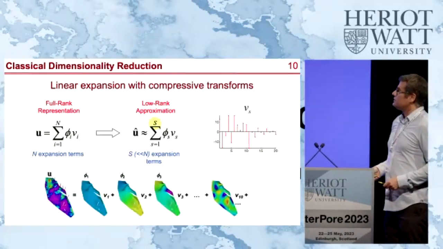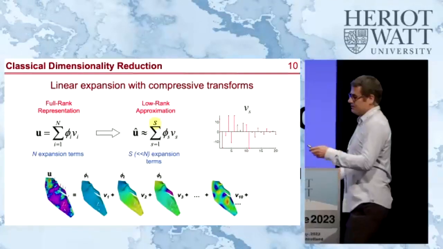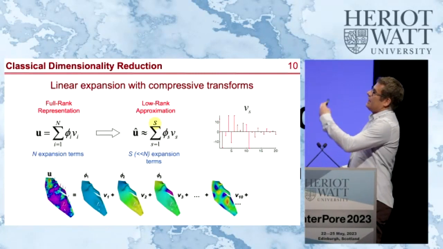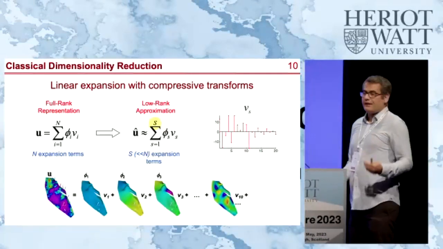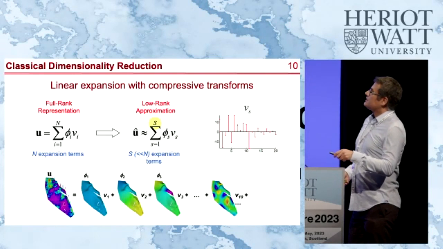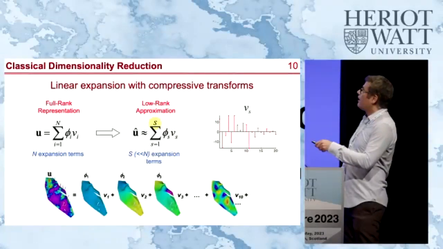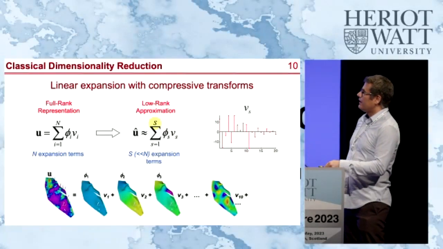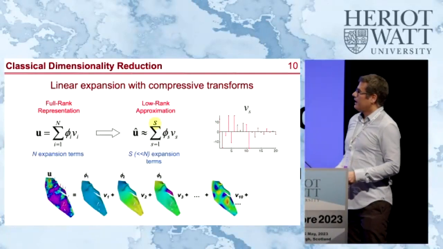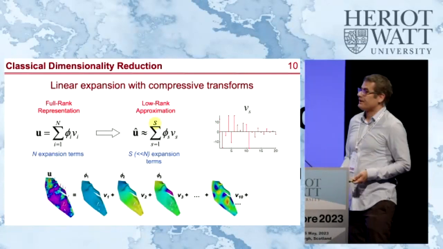I'll show you a perspective on how this dimensionality reduction is typically done, very quickly. This is basically a perspective from an image processing point of view. We can reduce dimensionality by looking at linear expansions, where we write the high-dimensional model as a linear combination of a finite number of basis images, each of them with a coefficient or weight in front of them.